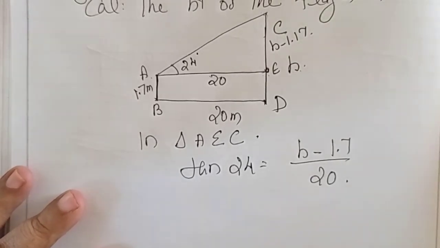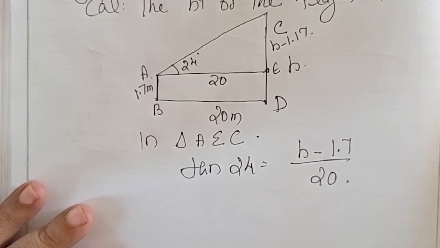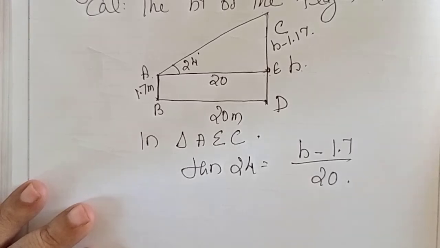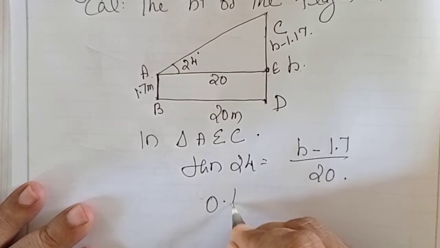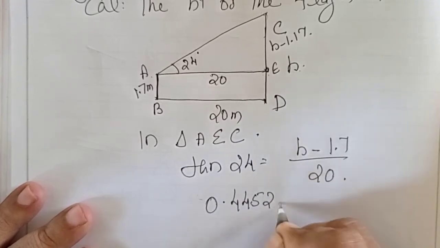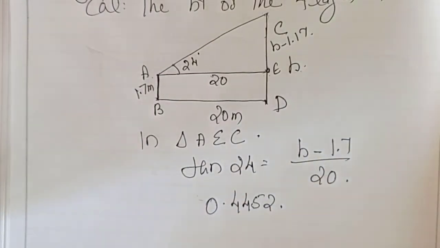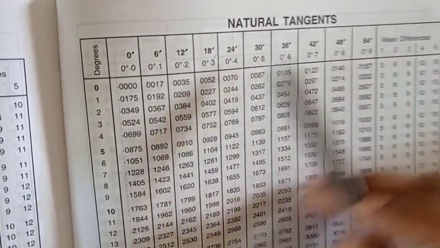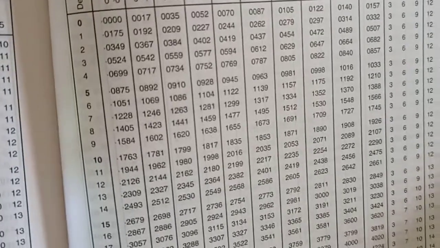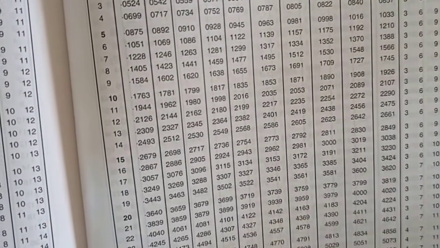When you go through the logarithm table, using that table of natural tangents, listen carefully, on the natural tangent page, tan 24 is 0.4452. All of you look at the board. This is the natural tangent column. You can use a logarithm table in the board exam.